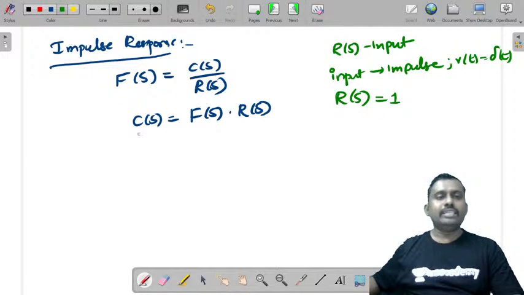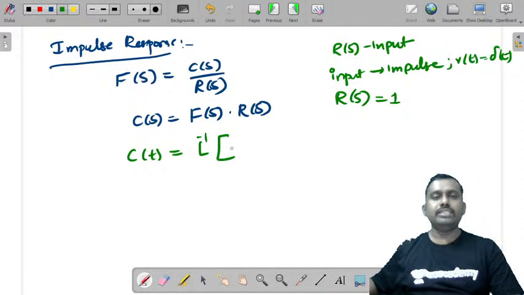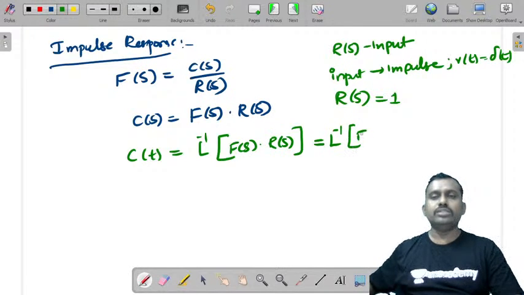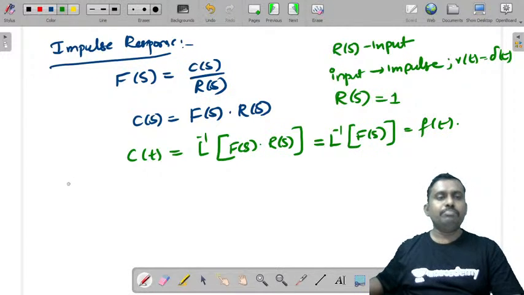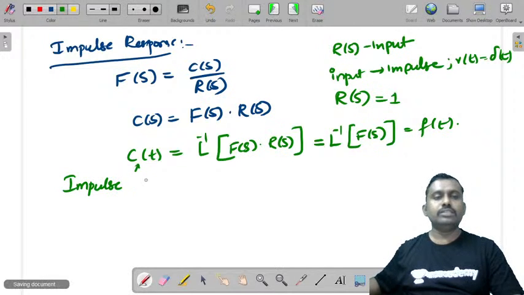Now if you find the response of this, if you apply Laplace inverse, C of t is equal to Laplace inverse of F of s into R of s, where R of s is 1. You can write Laplace inverse of F of s, or you can also write it as f of t. This is the impulse response.